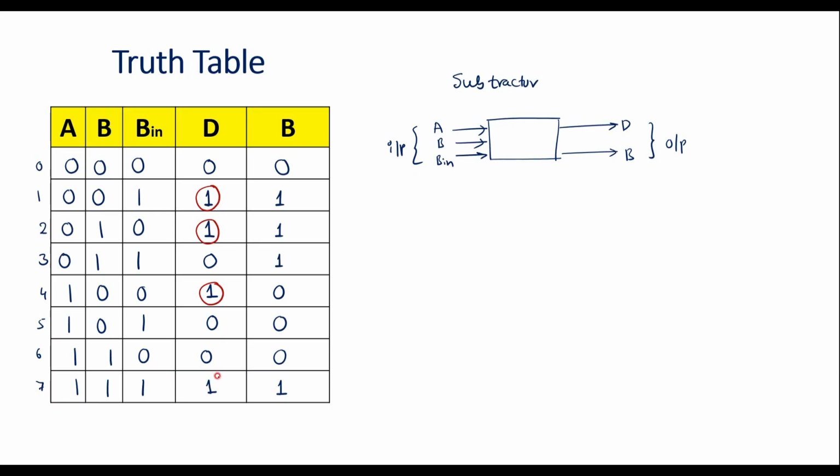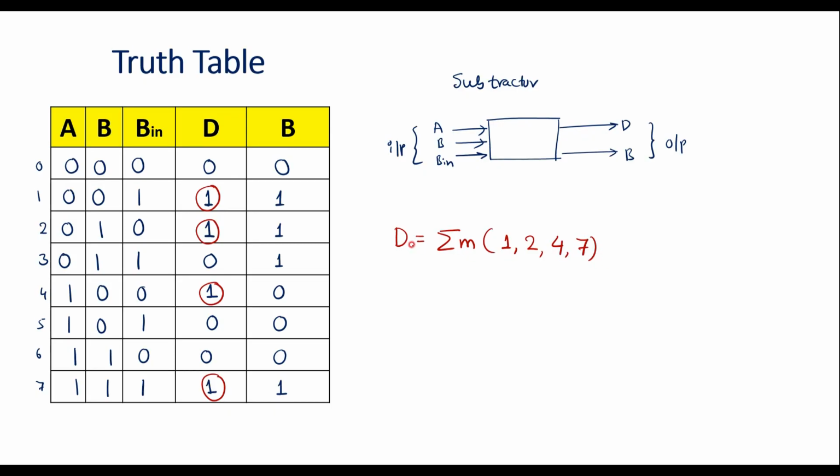I can write the difference equation in terms of min terms as D is equal to summation m of 1, 2, 4, 7. Here 1 is with respect to decimal 1, then 2, then 4, and here we have 1 with respect to 7.